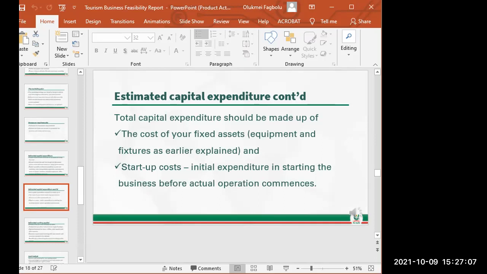Then our startup cost, that is the initial expenditure in starting the business before actual operation commences. All these will be shown under estimated capital expenditure.